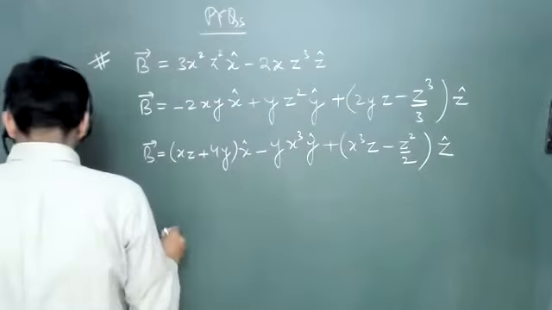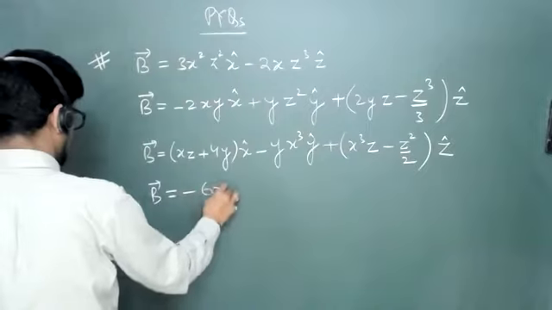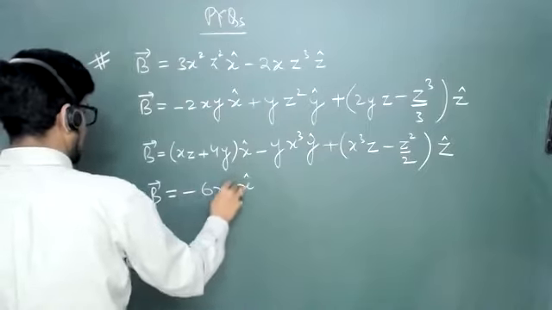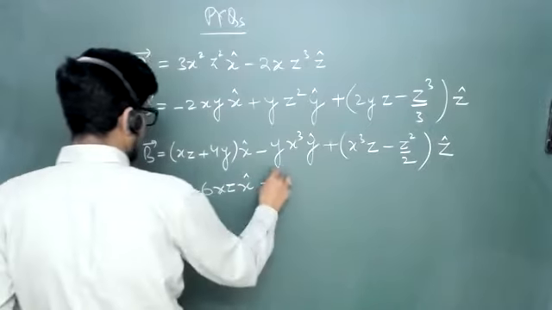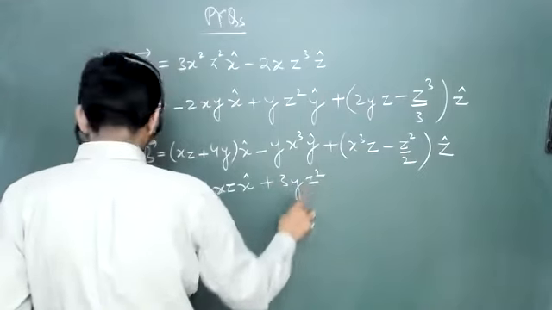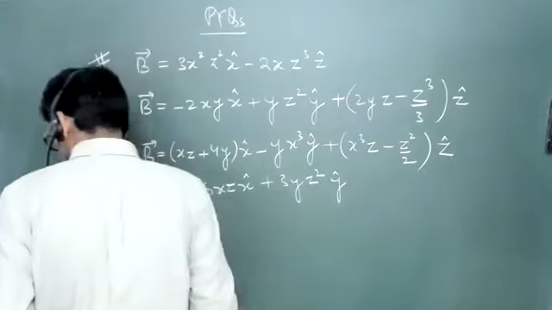Okay, and the last one is B is equal to minus 6xz x cap plus 3 y z square y cap.